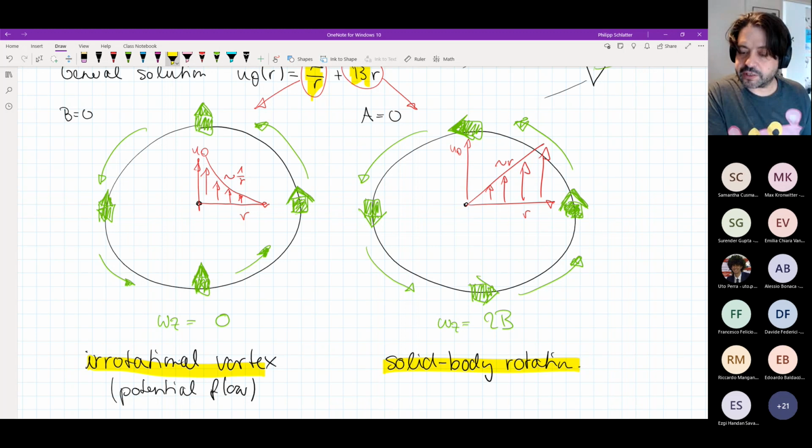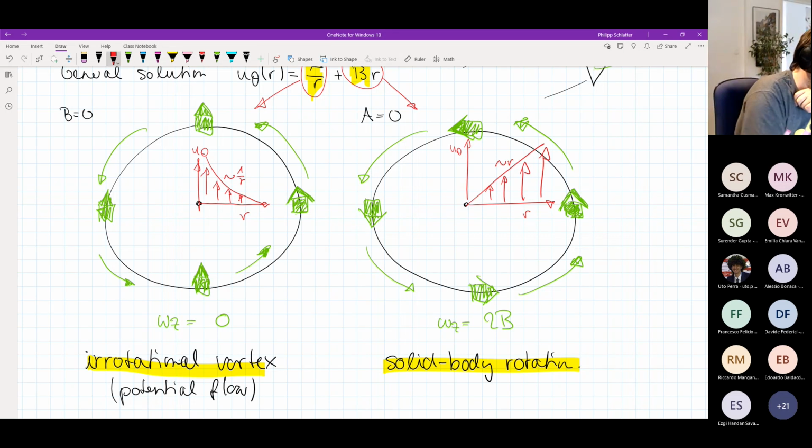So a vortex without rotation, which essentially means that whatever is swirling around would not rotate around its own axis. So in this case, this little arrow would always point upwards for a potential flow or for the irrotational case. And in the solid body case, it would always rotate with the flow.